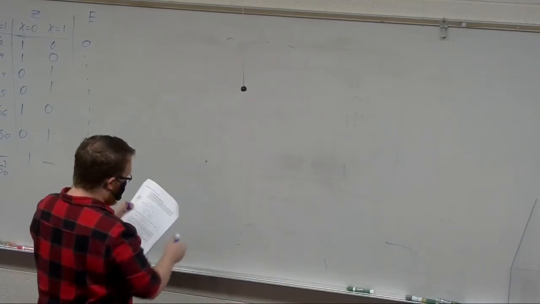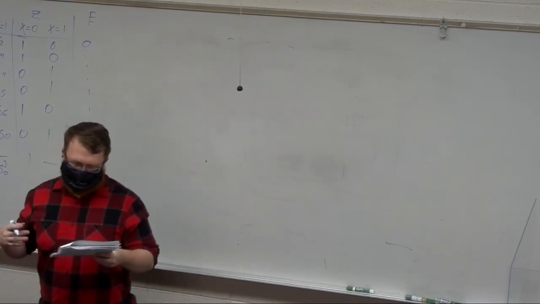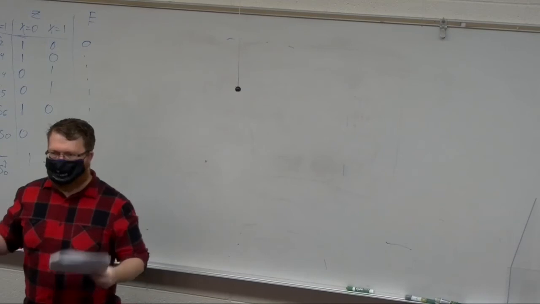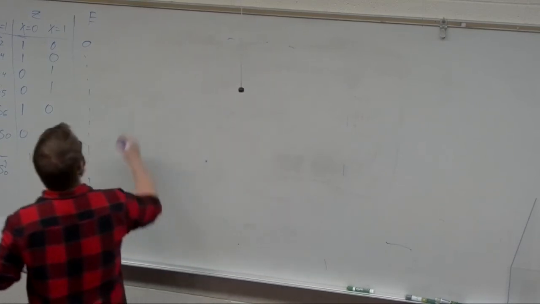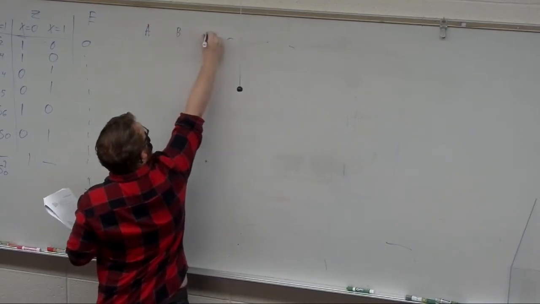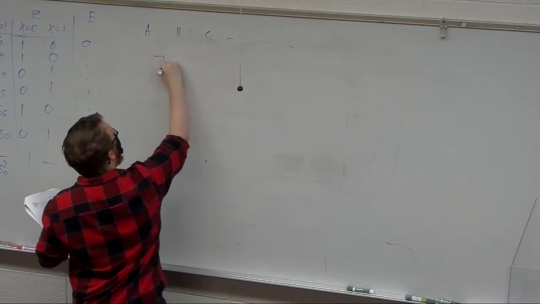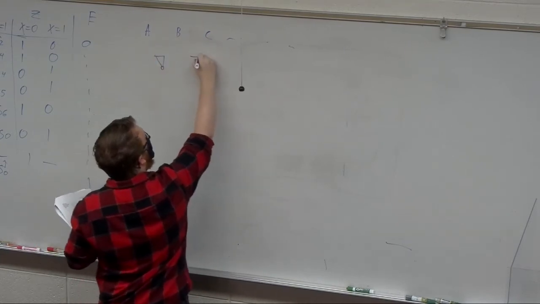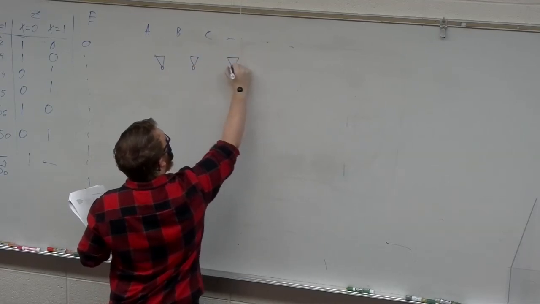Okay, so let's say that we have a PLA, programmable logic array. The way these guys are laid out is that they have vertical inputs, and then they each take an inverter like so.